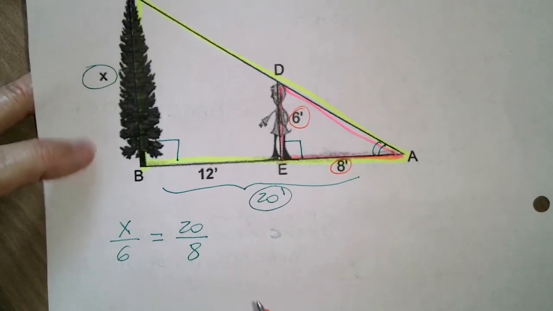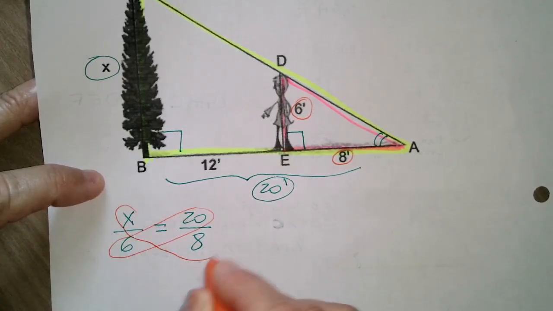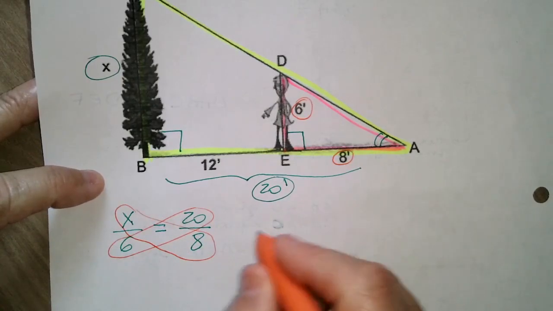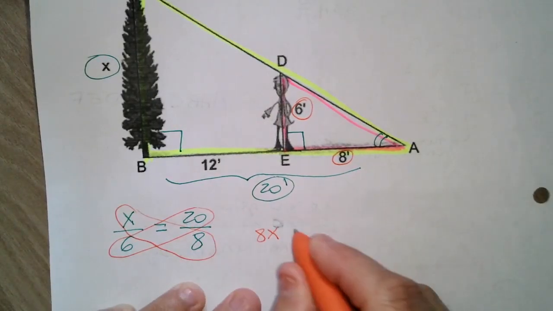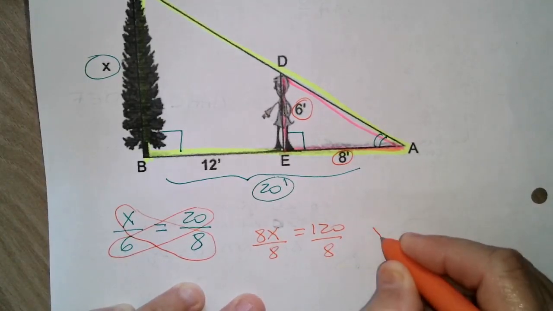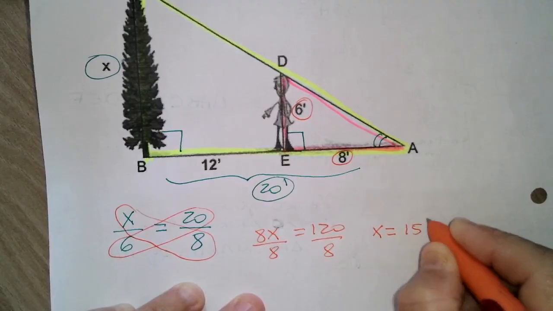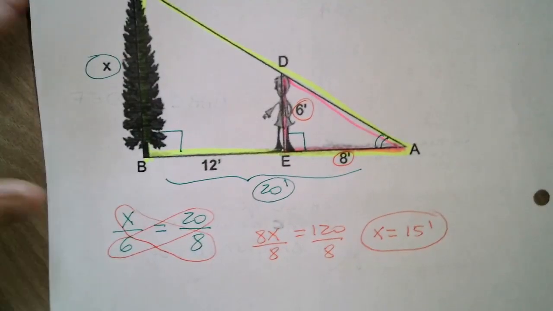Now all we have to do is do what we did last class. We just cross multiply, right? 8 times x gives me 8x. 6 times 20 gives me 120. Divide both sides by 8. X equals 15 feet. So the height of the tree is 15 feet.